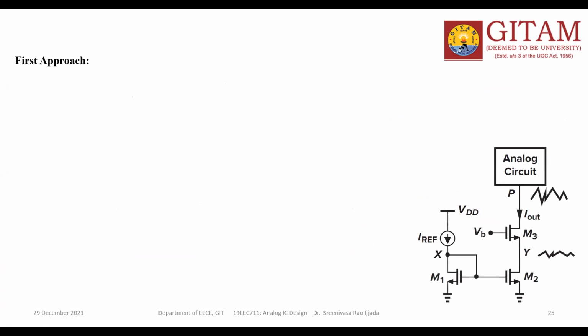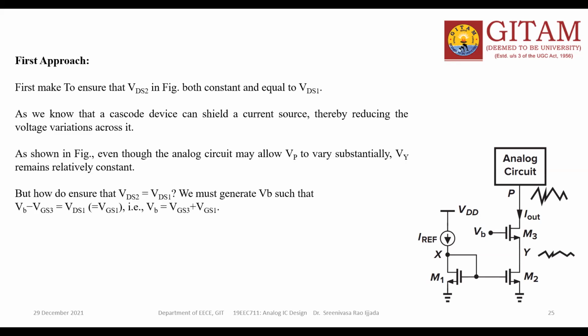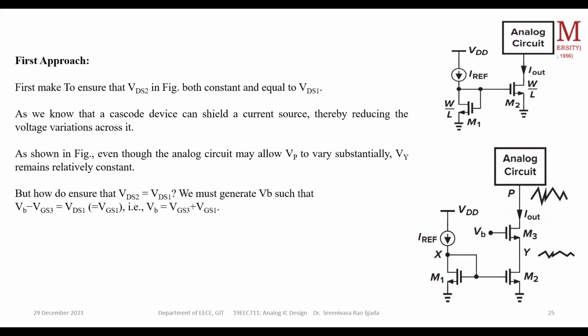So for getting that, to make VDS1 equal to VDS2, or VDS2 equal to VDS1, we have different approaches. In the first approach, first ensure that VDS2 in the figure is both constant and equal to VDS1. This is the same basic picture I am taking once again.